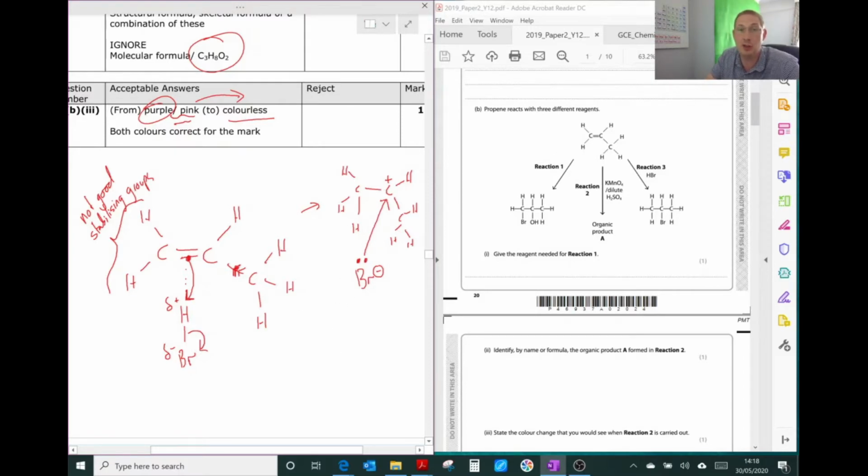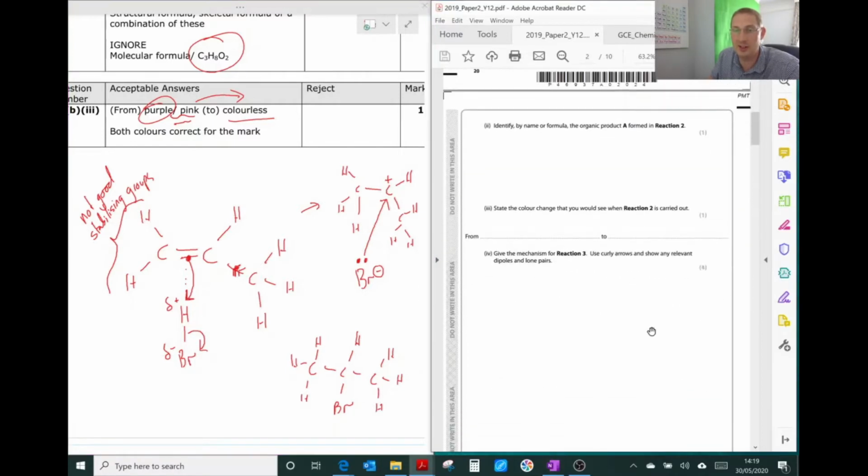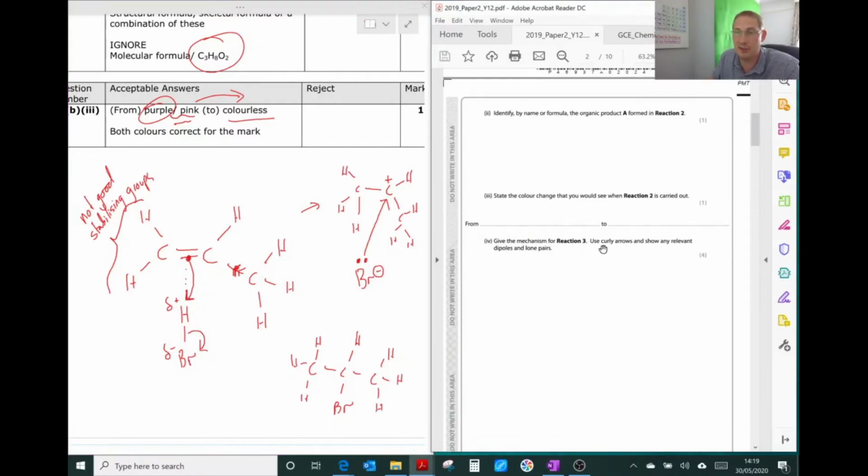So this is going to be nucleophilic attack, something attacking a positive charge, and you will end up with CH3, CBr, hydrogen, CH3.